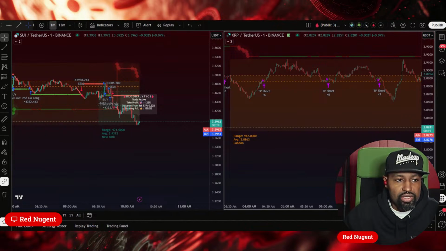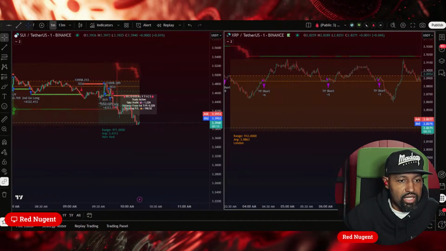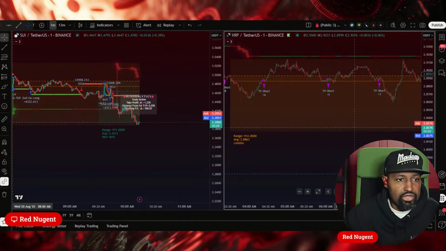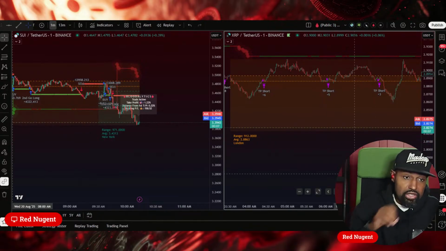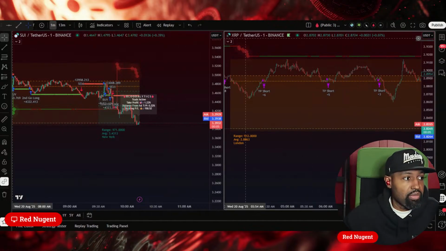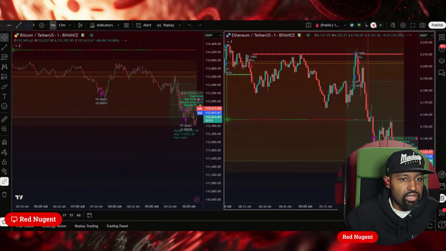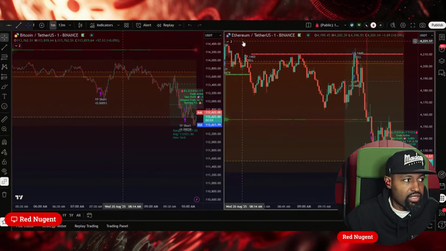Let me go over this scenario. If you want to add the indicator to your own chart, because I did not explain this part in the tutorial, you're going to want to make sure you are matching up the ticker symbols.